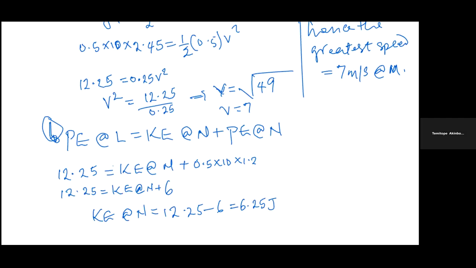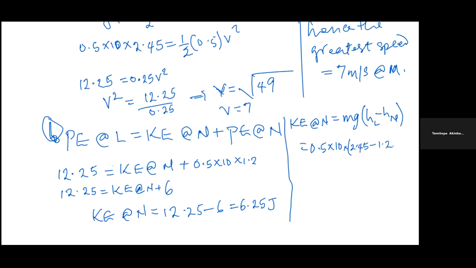Now, on the alternative, before you write, hold on, you can equally say that kinetic energy at N equals mgh. Now, the h will be the difference between the height at L and at N. That's 0.5 times 10 times 2.45 minus 1.2. 2.45 minus 1.2 is 1.25.